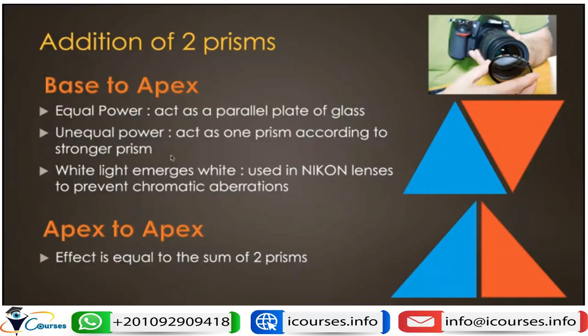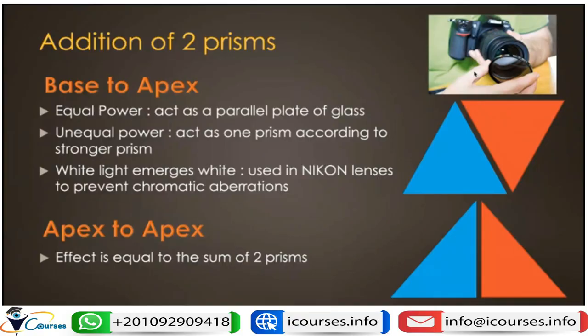That's why professional lenses, like we use in ophthalmology, like 90 diopter lenses, or indirect ophthalmoscopy lenses, or the lenses used in photography, use a combination of lenses that has prismatic effect that we will talk about later, and this will lead to elimination of dispersion.